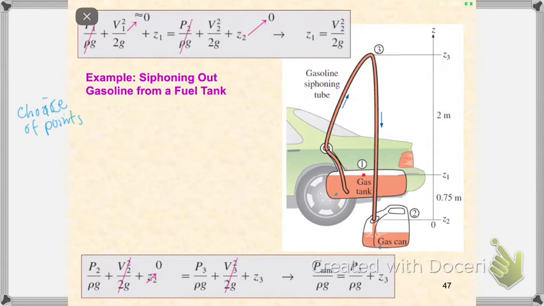If we draw the schematic diagram, it's something like this. That is our first tank, and then you have the second tank.